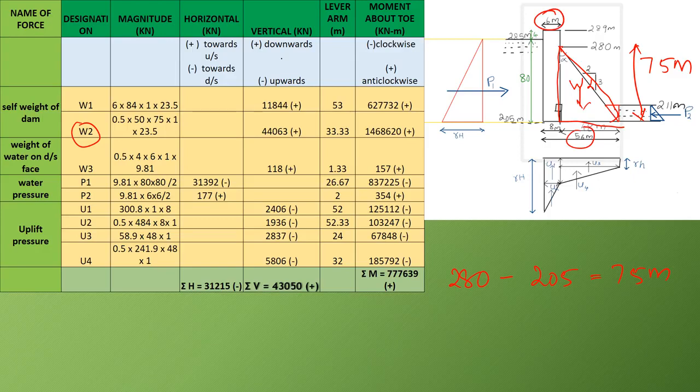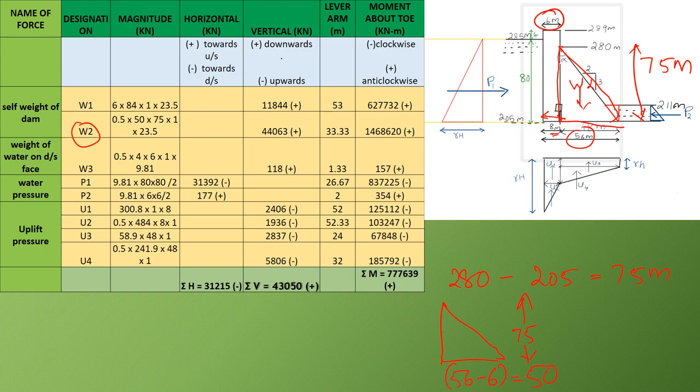Don't confuse it with this 8 meters, which is actually the distance of this gallery from the heel of the dam. So the triangle we are considering has a height of 75 meters and a base width of 56 minus 6, that is equal to 50 meters.